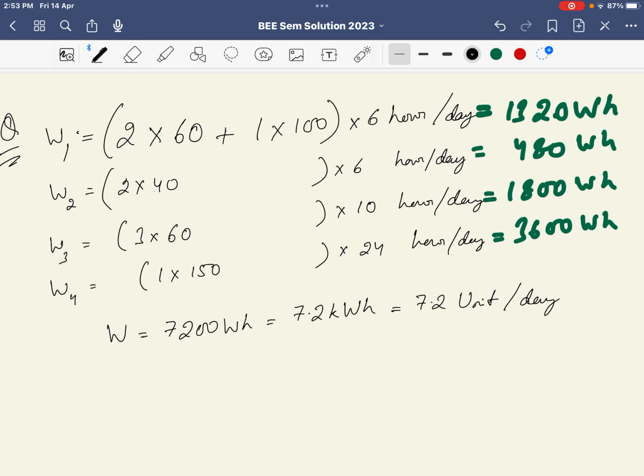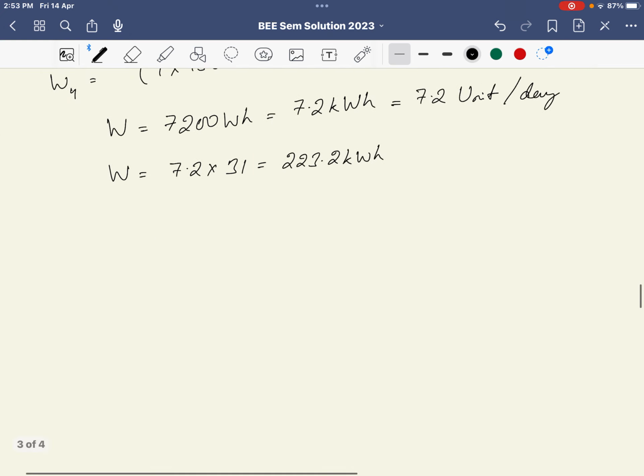The question asks for the month of January, which has 31 days, so 7.2 into 31 gives 223.2 kilowatt hour.